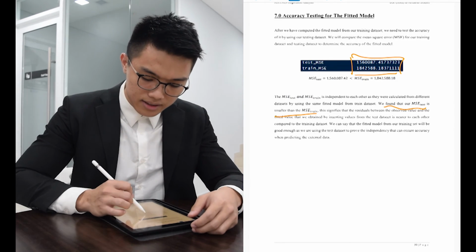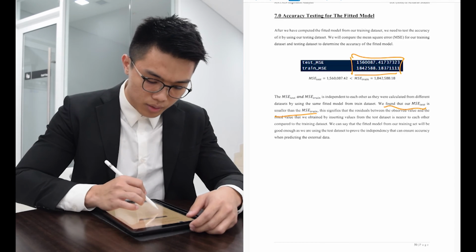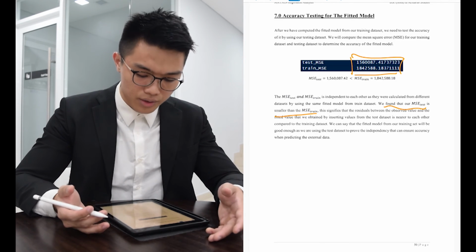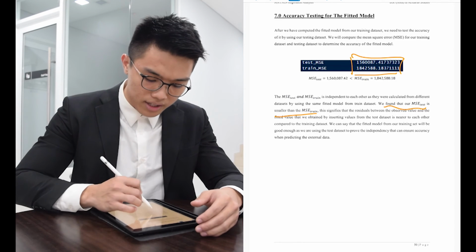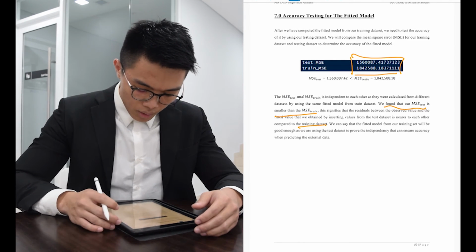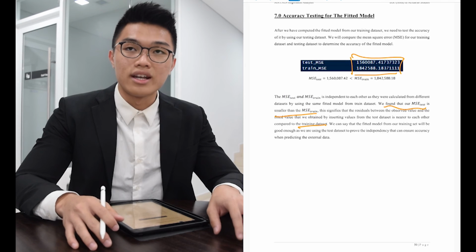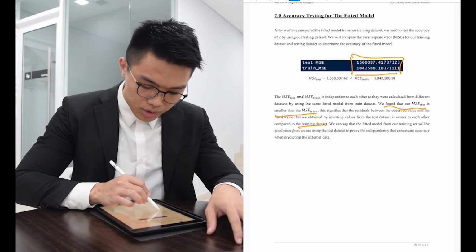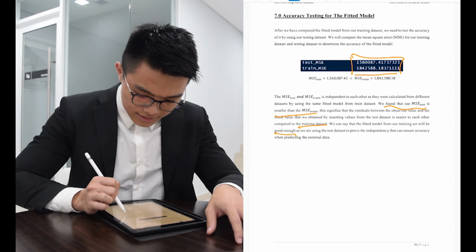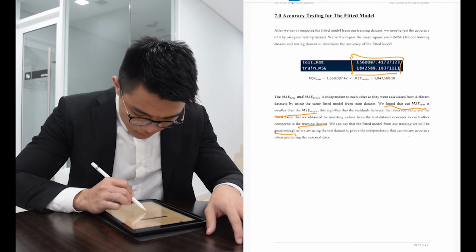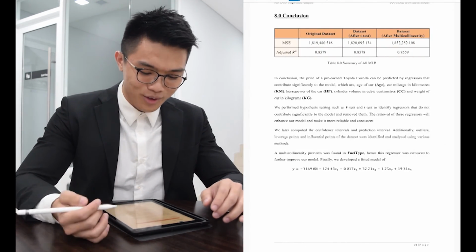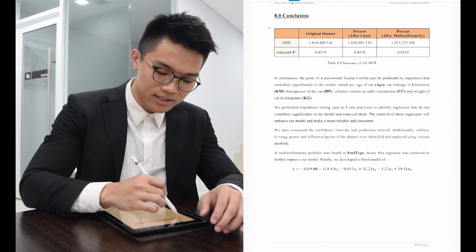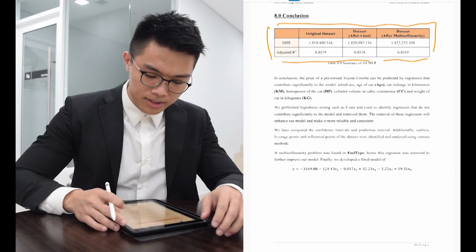This signifies that the residuals between observed value and fitted value that we obtain by inserting values from the test dataset are nearer to each other compared to the training set data. So we can say that our fitted model is good enough to predict the external data.